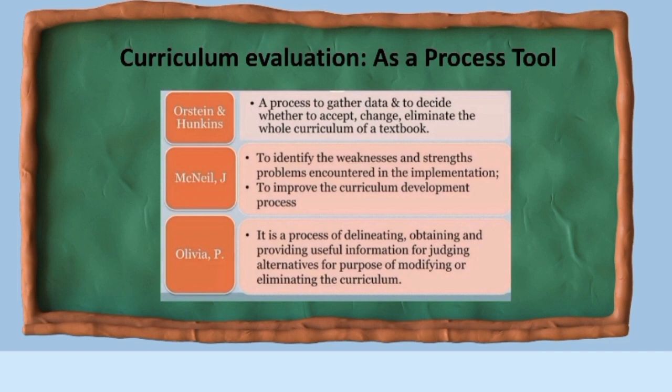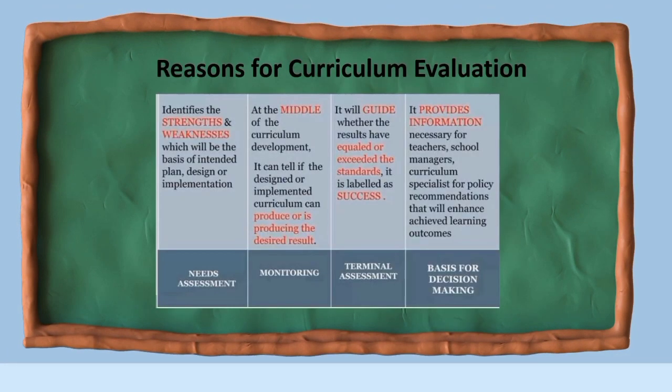And lastly, according to Olivia P., it is a process of delineating, obtaining, and providing useful information for judging alternatives for purpose of modifying or eliminating the curriculum. So let's move on to the reasons for curriculum evaluation.